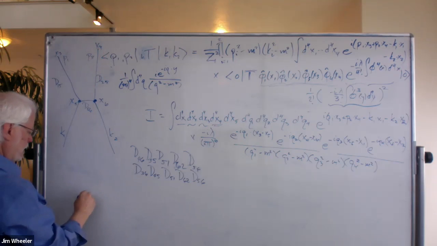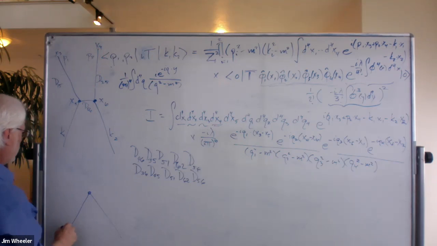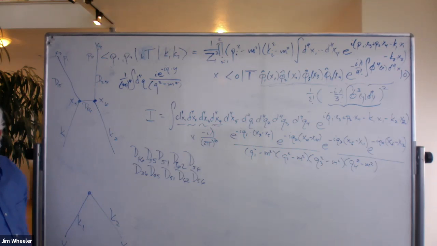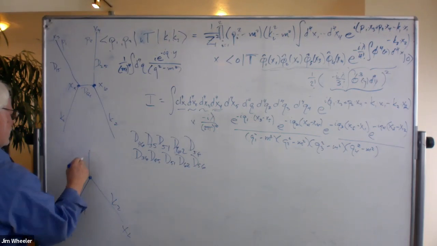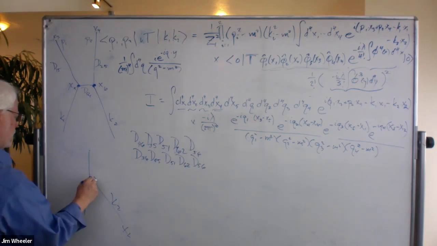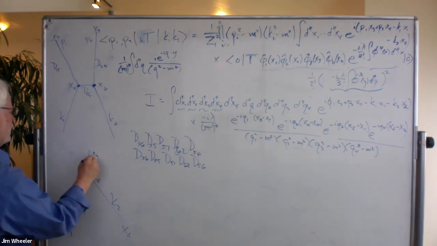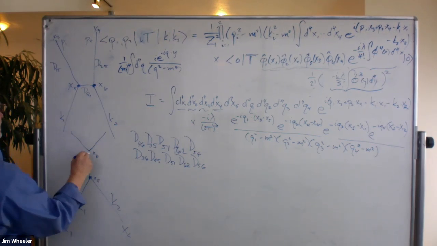Try this. So K1, K2, this is X1, X2. Can you see? Then call this X5, X6, and take the final states off of that.